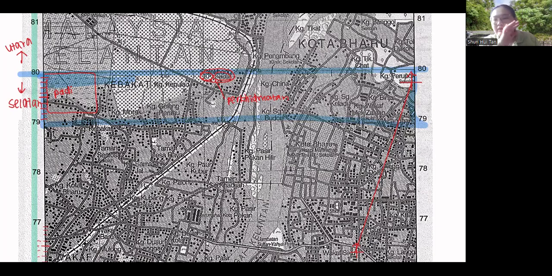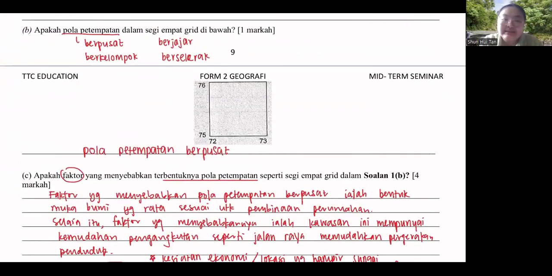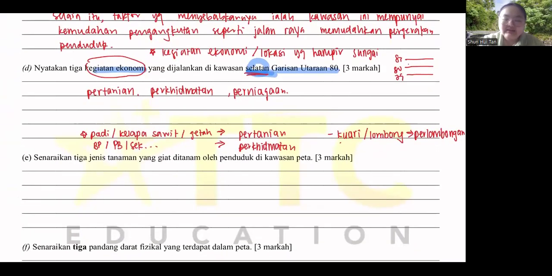Because in Form 2, those maps normally always play around with these few things only. If you really don't know the kegiatan ekonomi, normally it will be either pertanian, perkhidmatan, or perniagaan. Normally, if you see factory, kilang, you can write perindustrian lah.